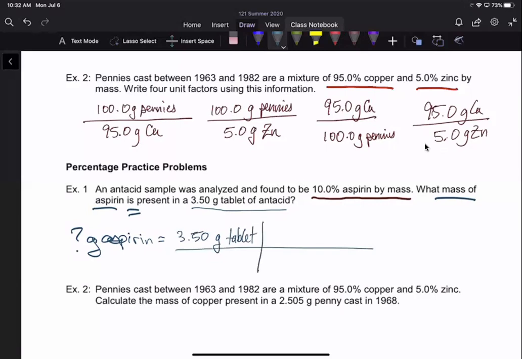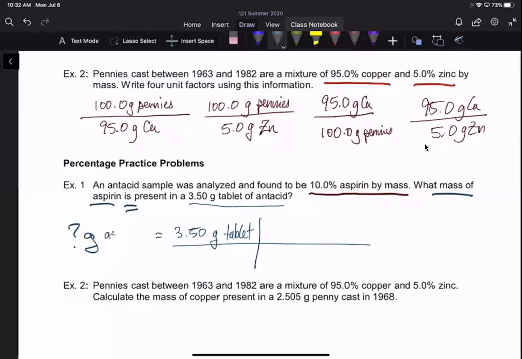So there we've restated the question, and we need to find a factor that will make that true, that will do that conversion for us.